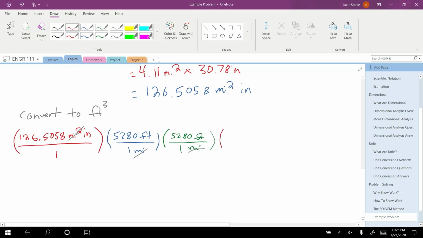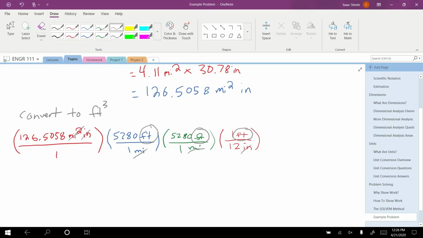This time I'm going to cancel out my inches, which is going to be 1 foot over 12 inches. And the inches cancel out with the other inches, and I'm left with feet, feet, and feet. And when I multiply feet times feet times feet, I get feet cubed.